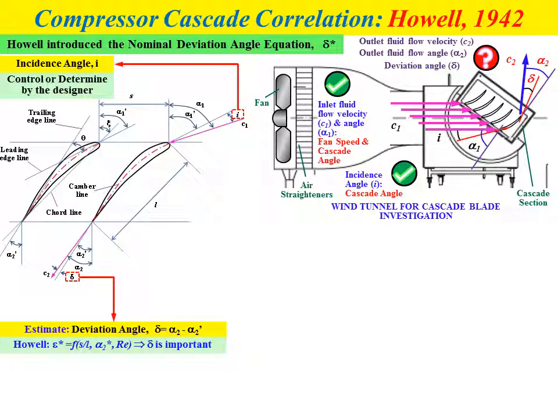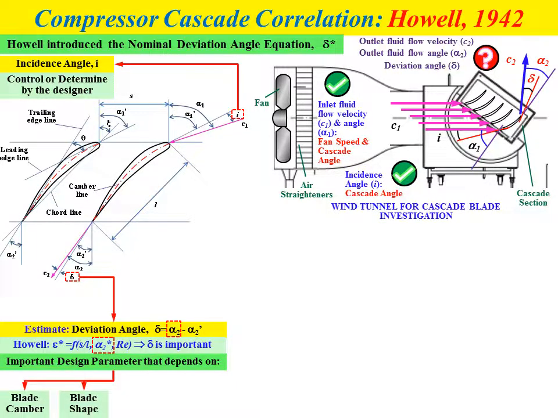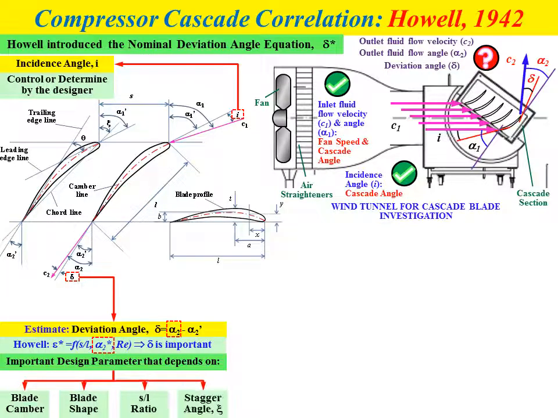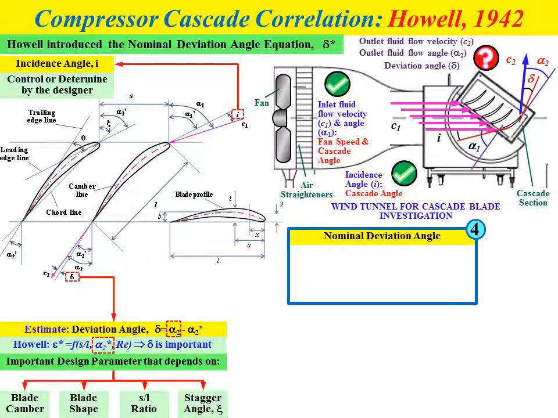In the general equation for delta, there will also be the parameter alpha 2, the outlet flow angle. So the deviation angle is an important design parameter that depends on the blade camber, blade shape, S over L ratio, and also the stagger angle.